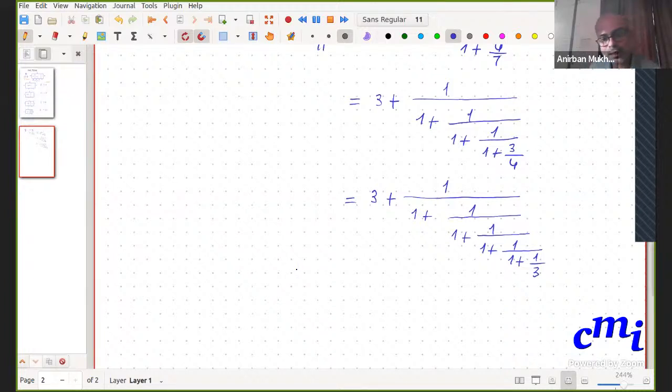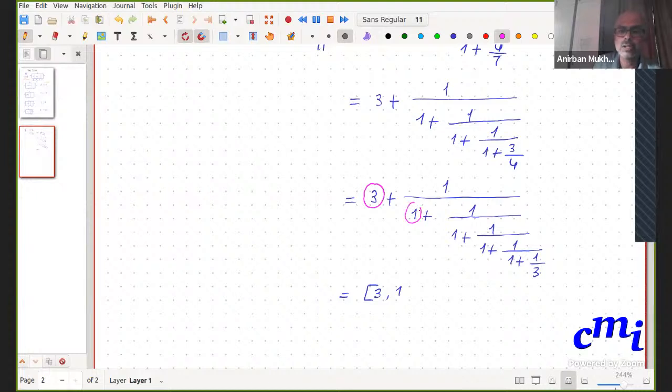And so this is what is a continued fraction, a finite continued fraction, and we would be denoting this by a square bracket 3 comma 1 comma. So we would just simply write, because all other things mean 1, so we are just going to write these things. So only these numbers matter.